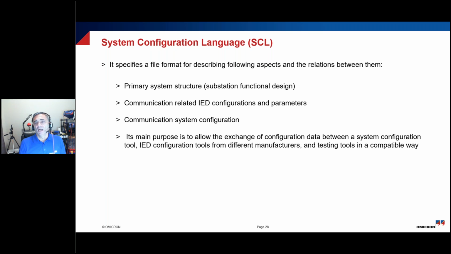So now we'll move on to the system configuration language, and that language basically specifies a file format to describe to the devices in a very special way the structure of the substation.